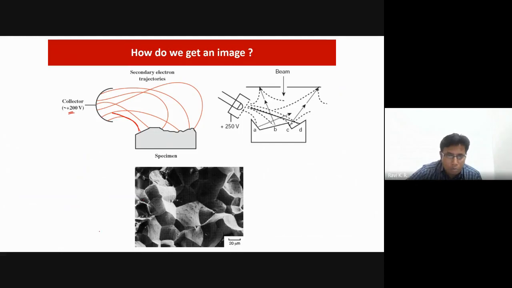But let's say the secondary electron detector is here in this region. It is bright. So for this region, the electron has to come out like this.